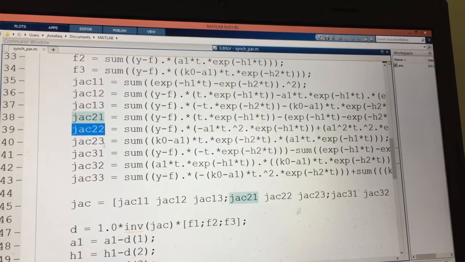Jac 2 2 is the derivative of f2 with respect to H1, and Jac 2 3 is the derivative of the second function f2 with respect to H2. Jac 3 is the derivative of function 3 with respect to the parameters. So 3 1 is the derivative of f3 with respect to A1. 3 2 is the derivative of f3 with respect to H1, and 3 3 is the derivative of f3 with respect to H2. Then we formulate the Jacobian. 1 1, 1 2.